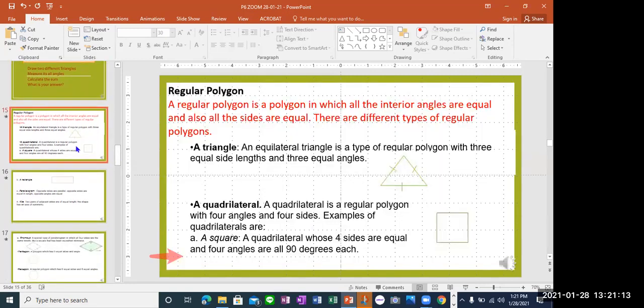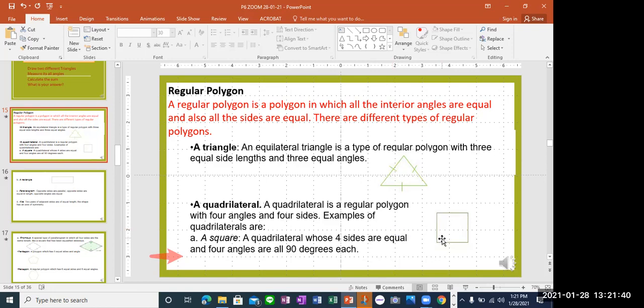And here, you have further explanation or detail of your regular polygon. First we have the triangle. We have studied that before. It's very easy. And you have the quadrilateral, which means this polygon has 4 equal sides and 4 equal angles.